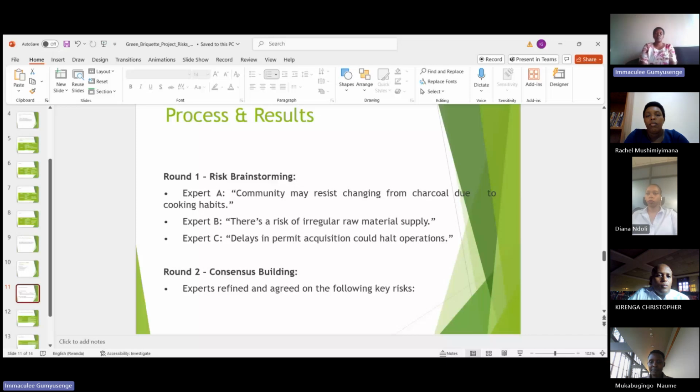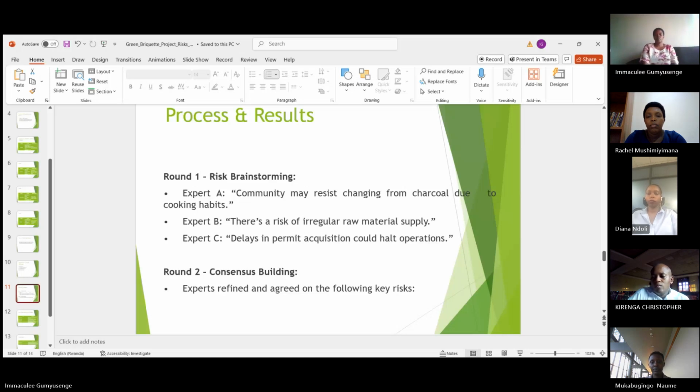Thank you so much. My name is Makide. As my colleagues said, we have a second tool of risk identification for our Green Briquette project in Kigali. I will continue with the Delphi method, its process and results. In round one, we used risk brainstorming.